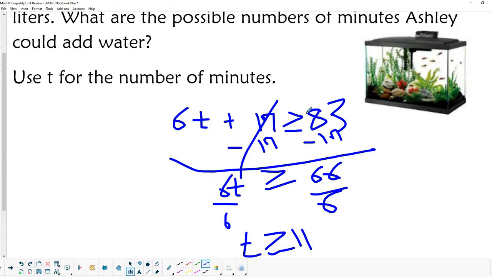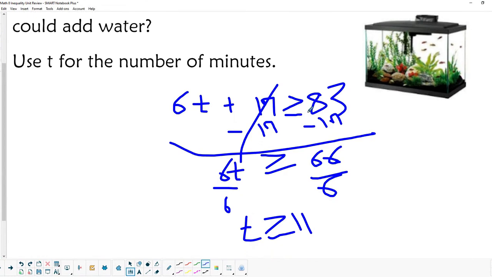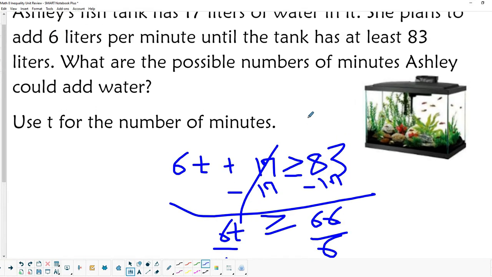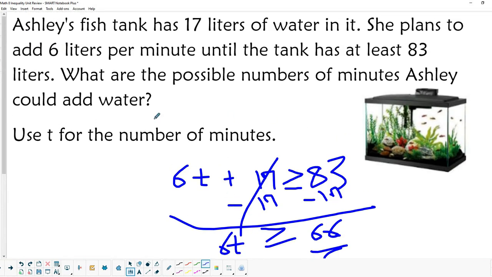And so if she adds water for 11 minutes or more, she will be able to accomplish the goal that she has for her fish tank.